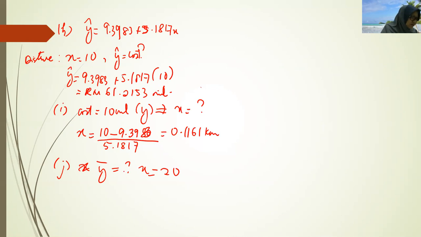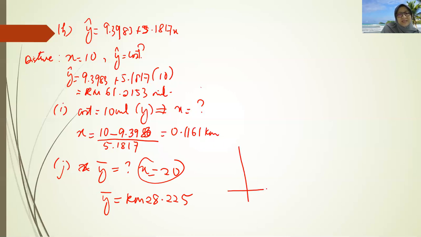For this question, the mean cost is simply equal to RM 28.225. For whatever x, the answer is always y bar, the mean cost, because our regression line passes through the point (x bar, y bar), so it doesn't matter what x is. We can show this numerically using mathematics.